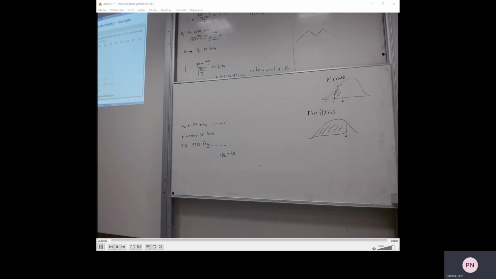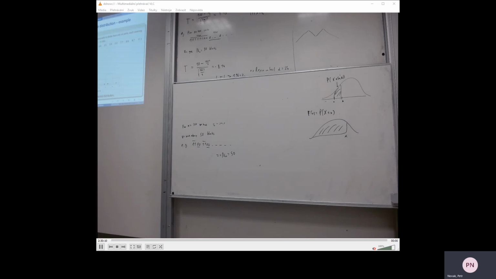And if we would fit the curve of the exponential distribution in there, we would see that it fits pretty nicely. Well, because I have generated the data from the exponential distribution in the first place, but that's beside the point.